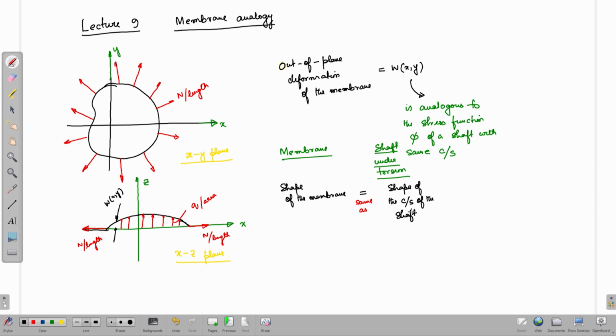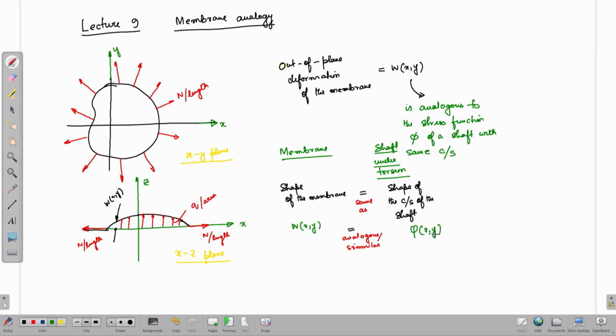Now, if this is the case, then W, that is out of plane deformation of the membrane, is analogous, is equal, or I cannot directly use the term equal, but it is analogous or similar to the stress function phi of x, y.